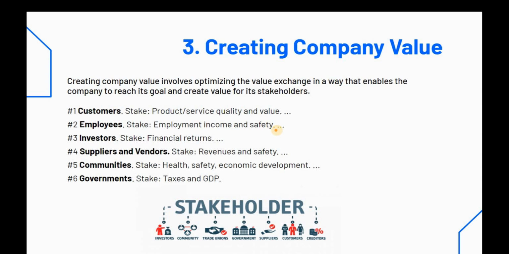You know, you're overworking your employees, you're not giving them the right overtime pay, you're not giving them the right remuneration for their work. Investors take financial returns, and there are also suppliers and vendors, communities and governments. So all of these things contribute to company value, okay, and must be taken into consideration when creating one.